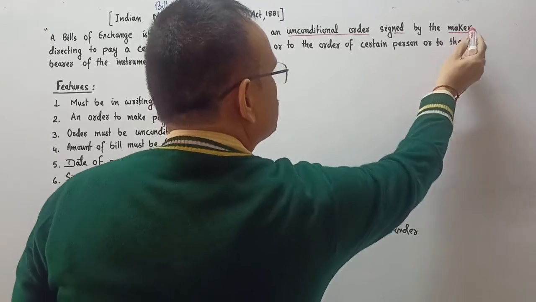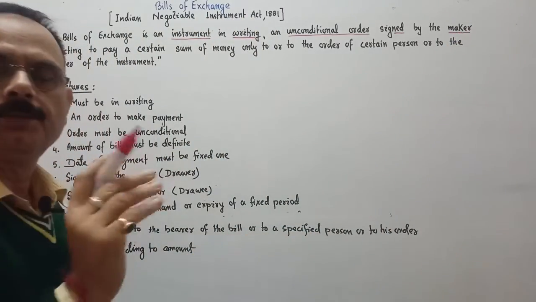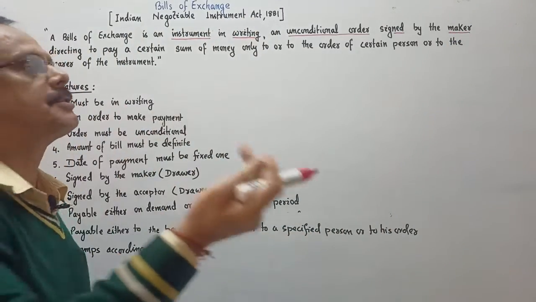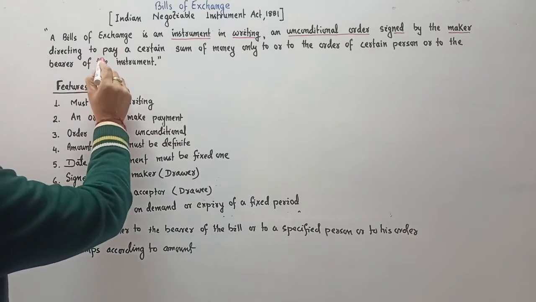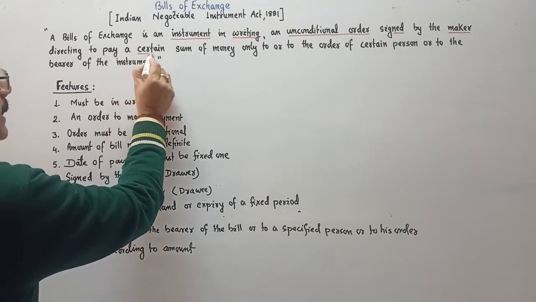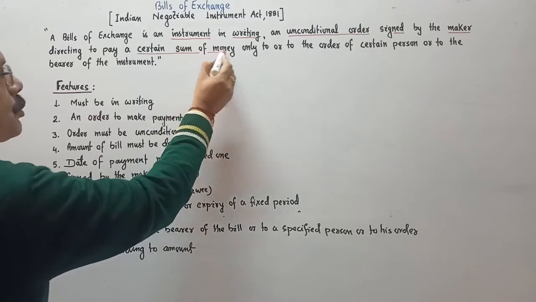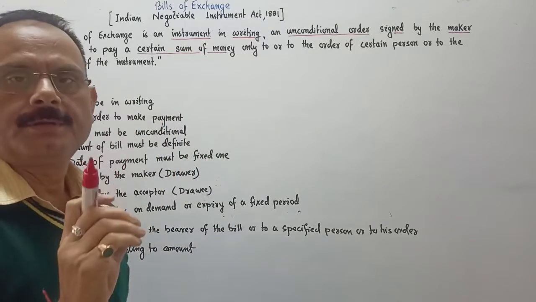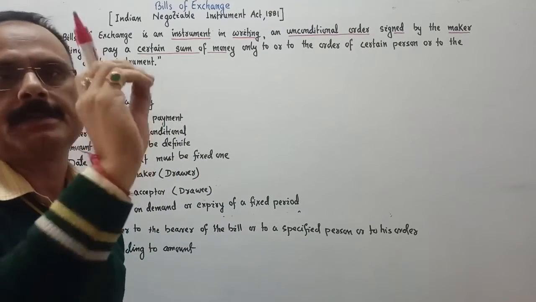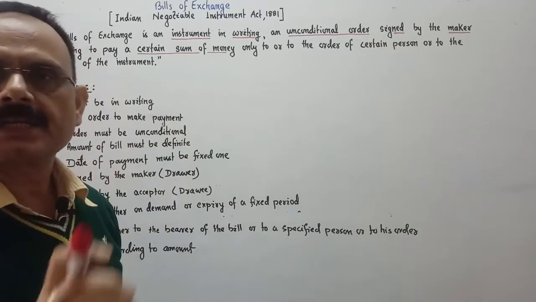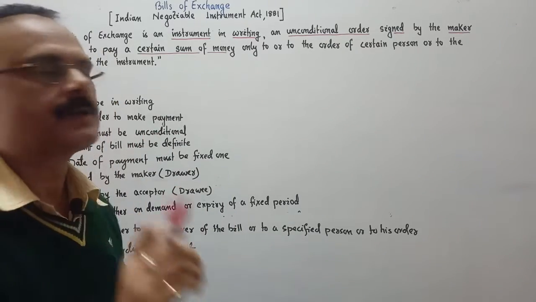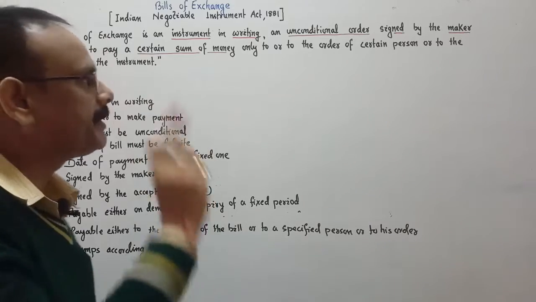Maker means drawer. Who is the drawer? Creditor is the drawer. Directing to pay a certain sum of money. Money must also be definite, a fixed amount, that 4,000, 6,000, 6,500, 10,000, that money must be a definite money.